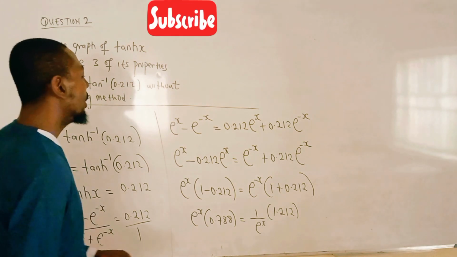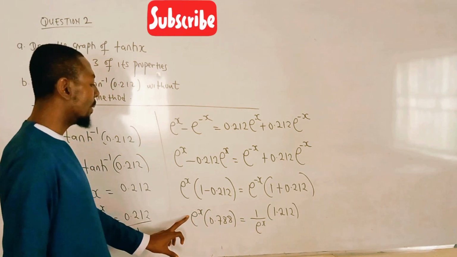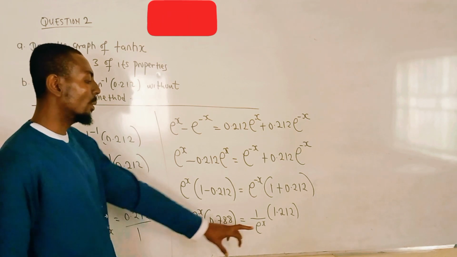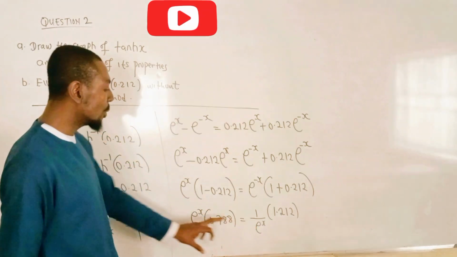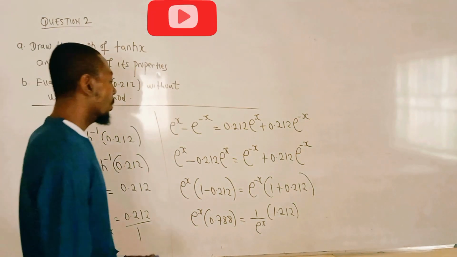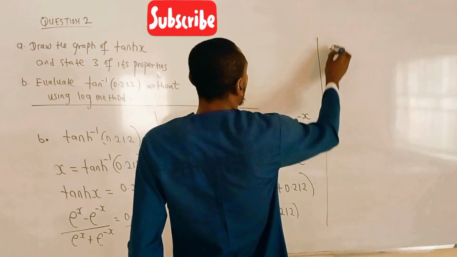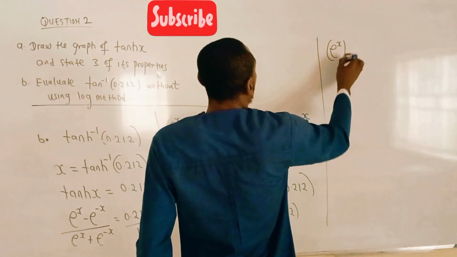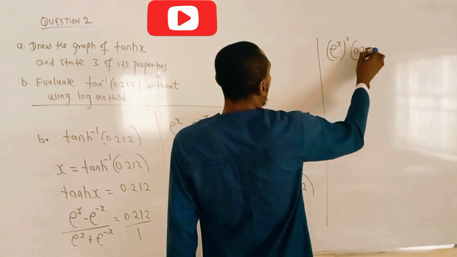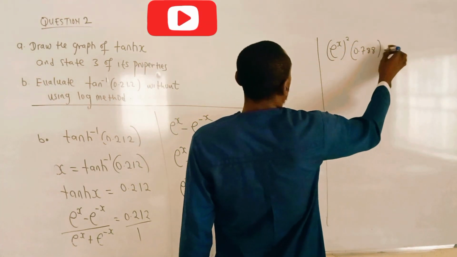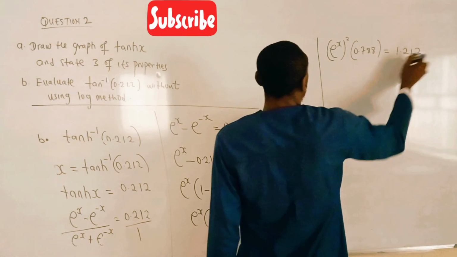So for us to work on this now, we're going to multiply exponential x by this exponential x. That's all. Exponential x cross multiply. So exponential x multiplied by this, we're going to have exponential x all squared times the number here is 0.788 equal to what's remaining here is 1.212.